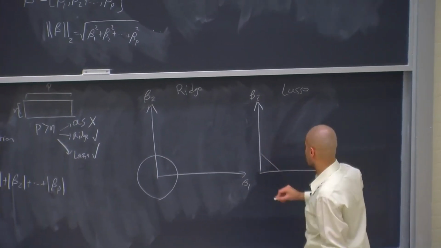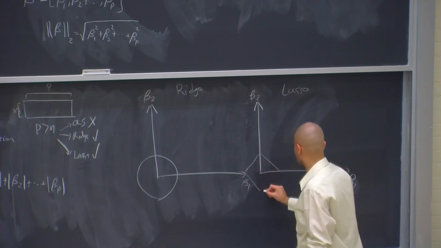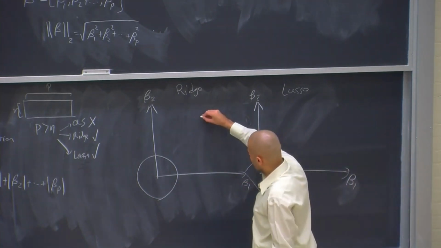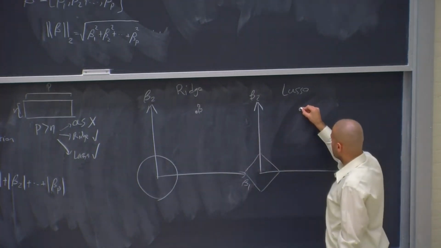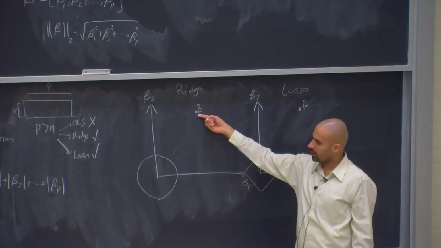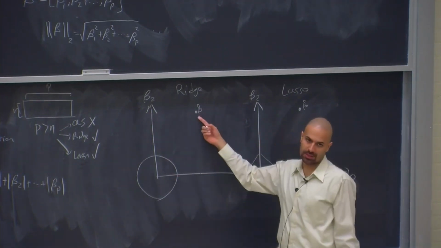So we have something like this. We have restrictions that have sharp edges. And then the estimated vector we get from ordinary least squares is here. So ordinary least squares says that beta 1 should be this much and beta 2 should be this much. This is what ordinary least squares says.